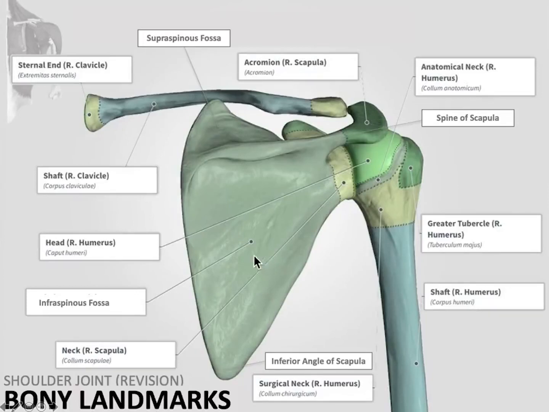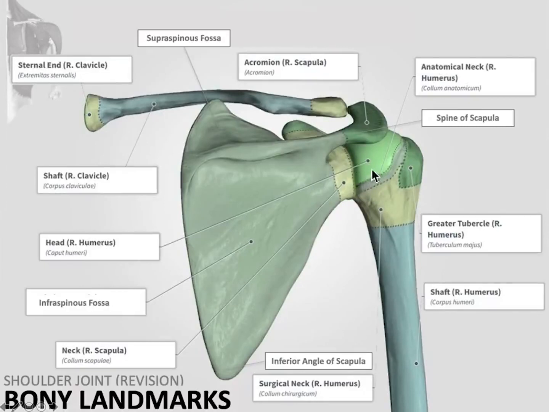On our scapula, we then have fossae or spaces where muscles will attach. Below or inferior to the spine of the scapula, we have our infraspinous fossa. Above or superior to the spine of the scapula, we have our supraspinous fossa. We can then see here, most laterally in green, our glenoid fossa.